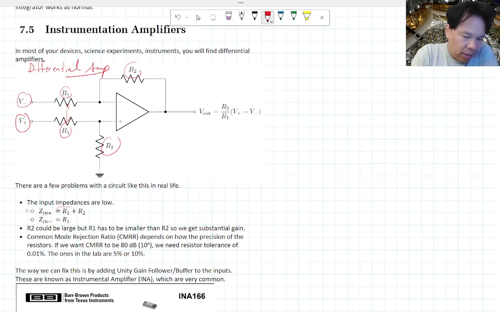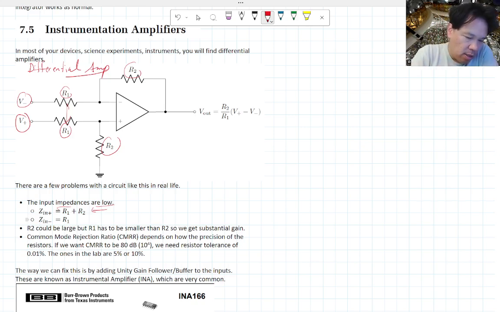is that the input impedance tends to be fairly low. If you look at the positive side, the route to ground is through this R1 and R2, so R2 could be pretty substantial. But it's not like the transistor amplifier, where the path to ground actually has to go through the transistor, and therefore has a very high input impedance. In this case, you're just routing it outside the op amp, so you don't get that effect of beta.